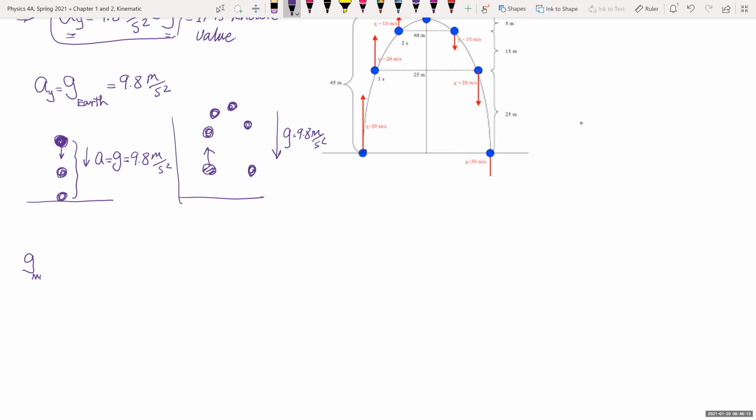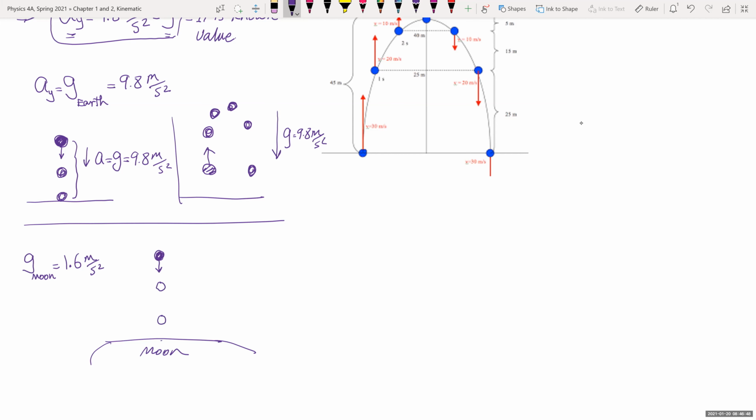g on the moon, do you know how much it is? 1.6. What does that mean? Imagine this is the moon surface. If you go on the moon and you drop the ball, it will fall for sure, but it will go slowly.